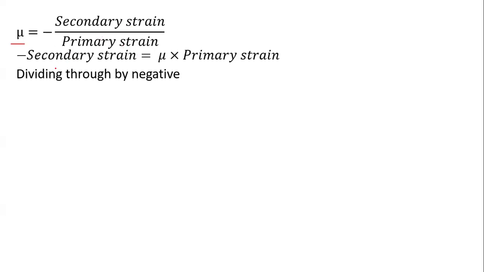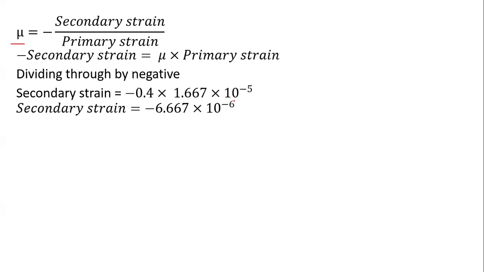Take care of the negative when you cross multiply: you have mu multiplied by primary strain. So there we can divide through by the negative. So this Poisson's ratio, 0.4, is multiplied by the primary strain. So what we have now is negative 6.667 times 10 raised to power negative 6.